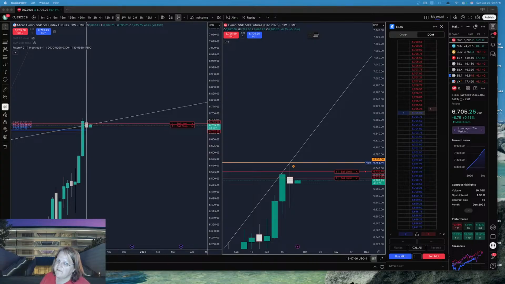I have pretty much left NQ in the rear view mirror, so the indicator will still work on NQ, but it is specifically calculated for ES.